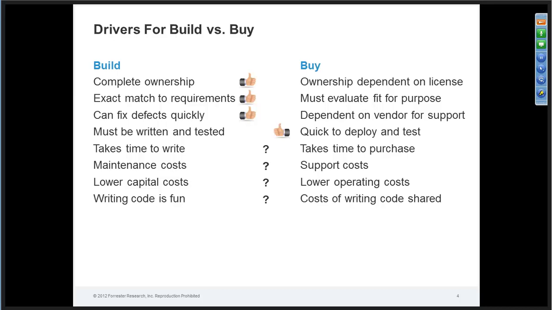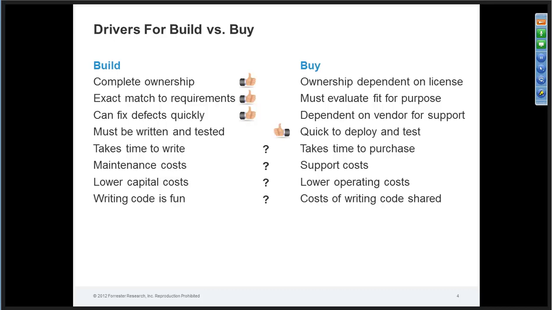So some of the things that we look at, from a build perspective: when I build something, I have complete ownership of it. I can do whatever I want to. I retain the license rights to that. And unless it's something where somebody else has filed a patent, I also have the IP ownership of that. And I might even have it in the case where there is a patent, as long as I have prior invention.